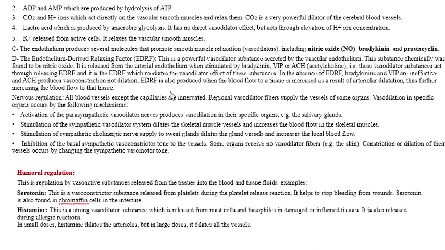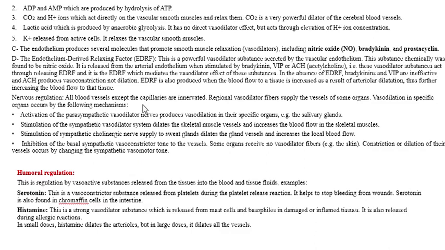Okay, nervous regulation. All blood vessels except the capillaries are innervated. The capillaries are not innervated; they are usually affected by local area substances, or by substances coming with the blood.